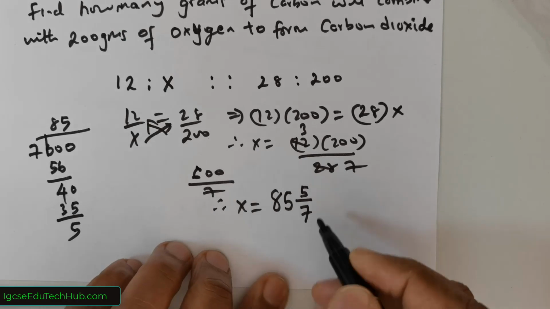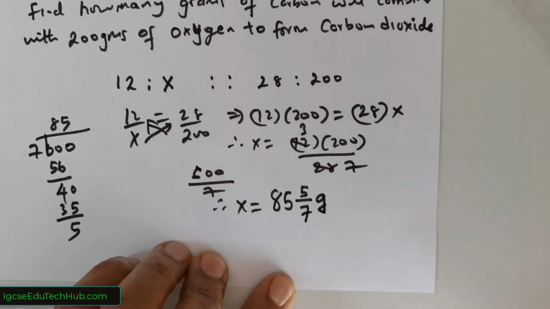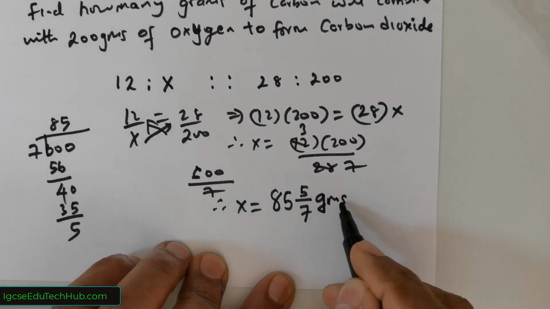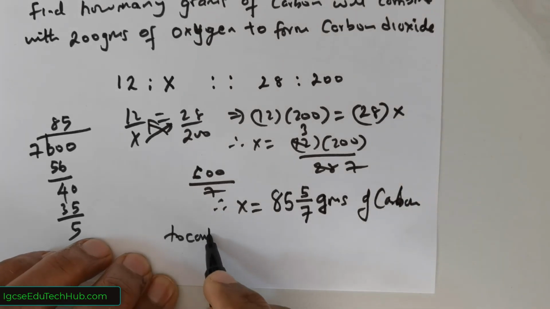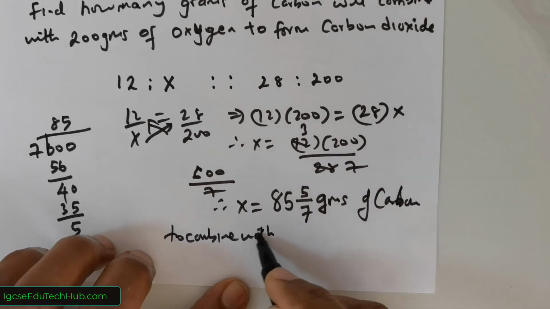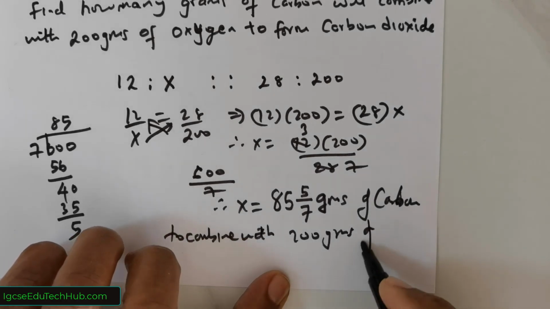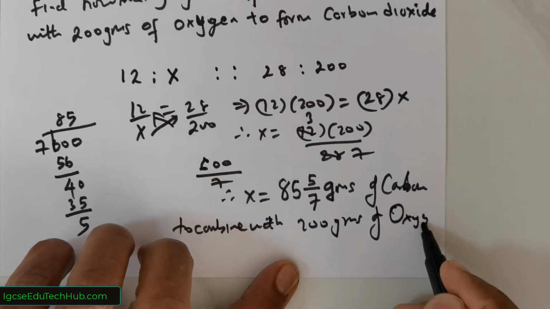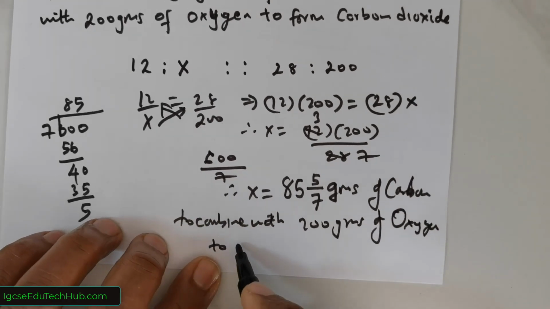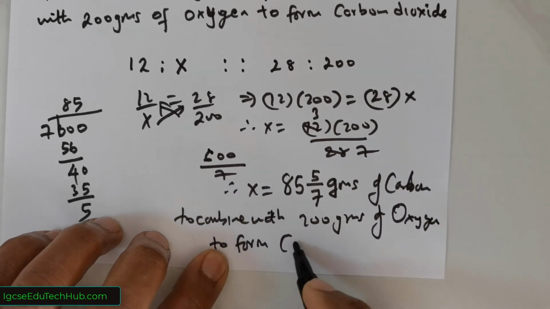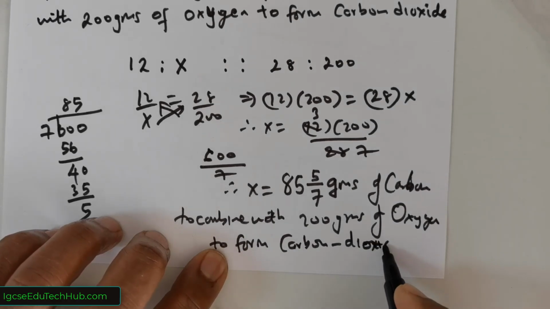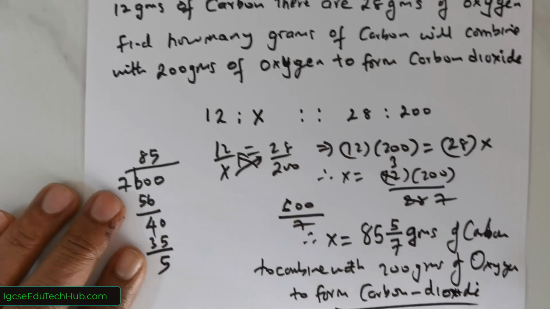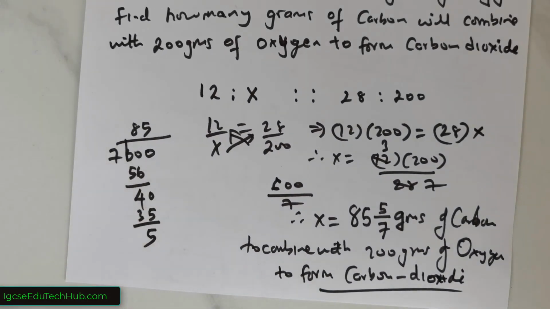So you need 85 5 over 7 grams of carbon to combine with 200 grams of oxygen to form carbon dioxide. Okay, so that is the final solution to this beautiful question.